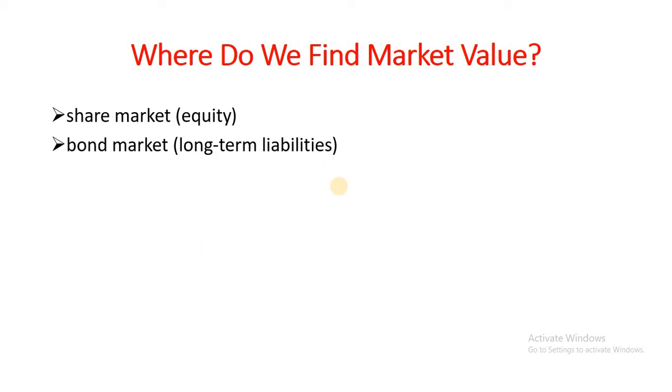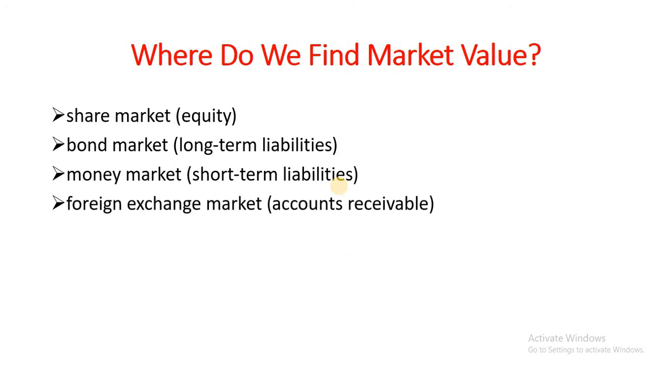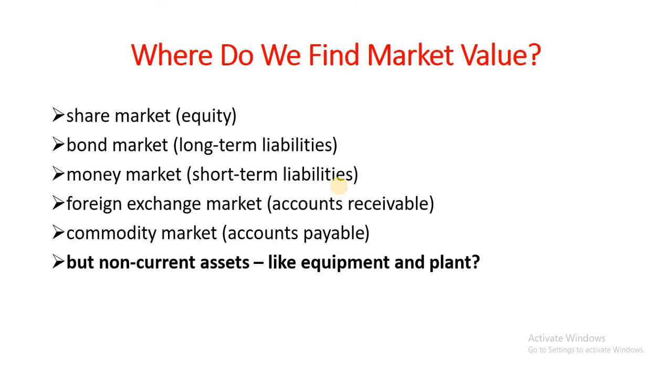Similarly, for long-term liabilities, bond market; for short-term liabilities, money market; for accounts receivable, foreign exchange market; for accounts payable, commodity market. But the fact is, for some non-current assets like equipment and plant, we cannot readily find the market value.